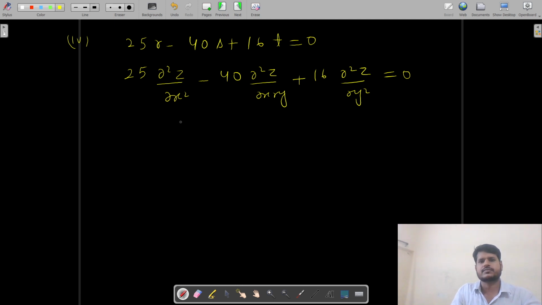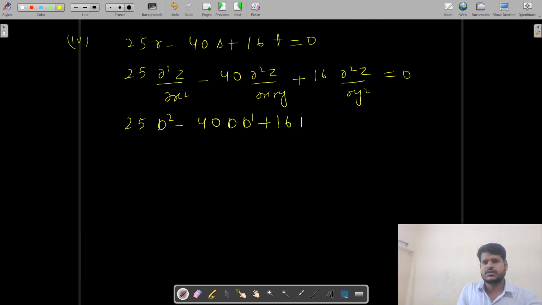Now that's very simple. You can write this as 25 capital D square minus 40 D into D dash plus 16 D dash square, into z equal to 0.